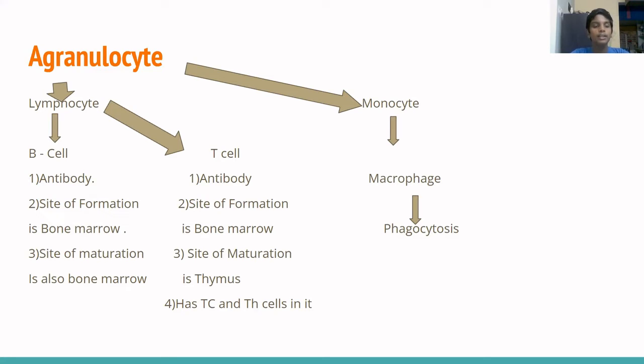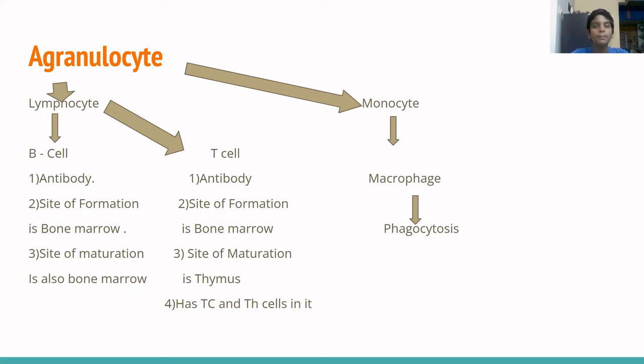For B cell, the site of maturation is also bone marrow, whereas for the T cell, the site of maturation is the thymus. The T cell is again classified into TC and TH cells. TC means it is a kind of T cell which is cytotoxic, and TH means it is a kind of T cell which is a helper to the cytotoxic cell.